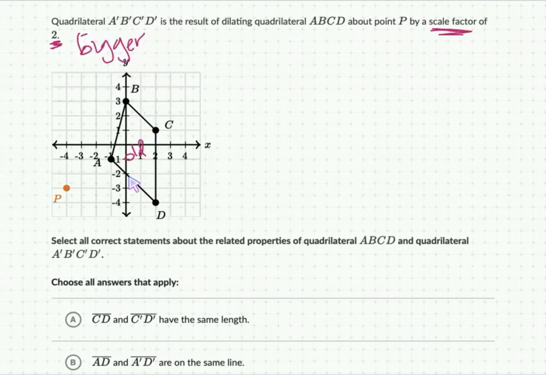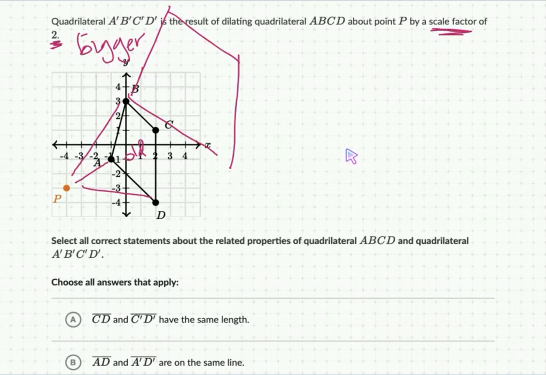Very important. And it's by this center, so it's going to go out this way. It's going to be like over here or something. Okay? It's going out this way, according to the center.